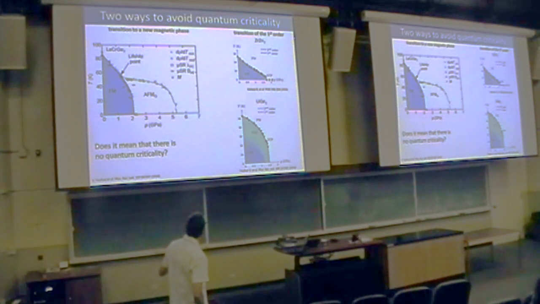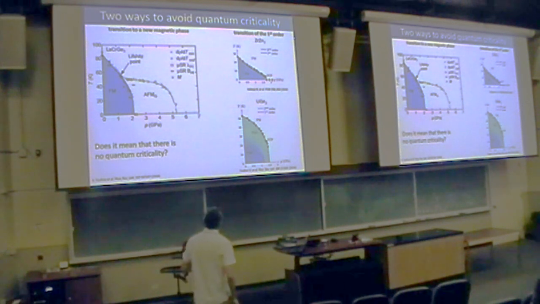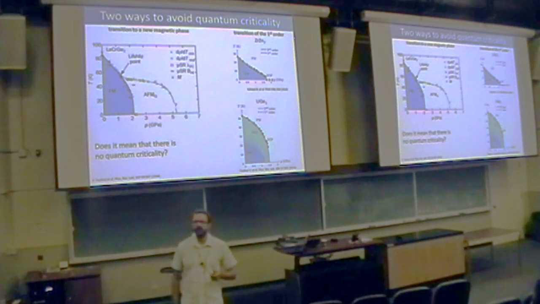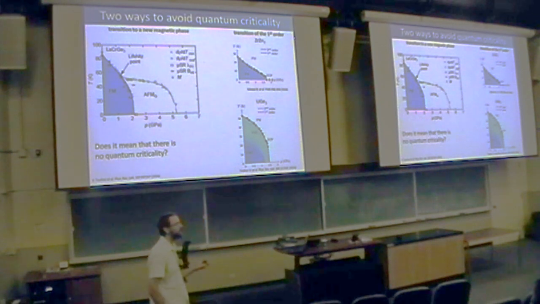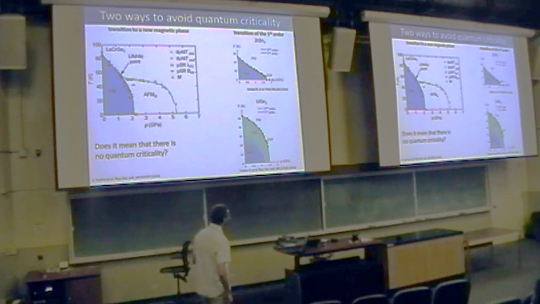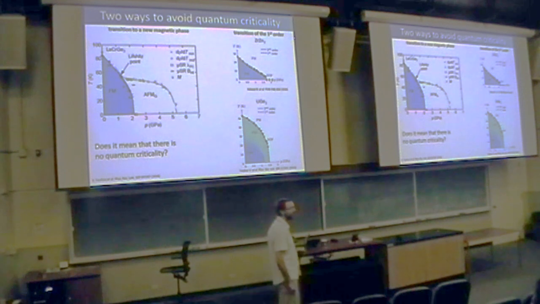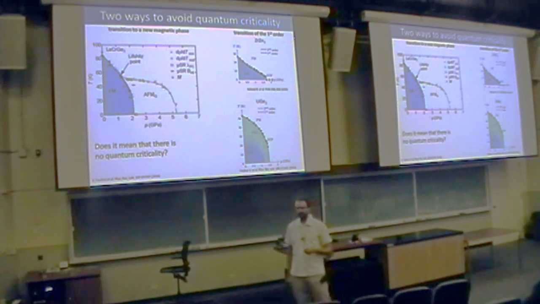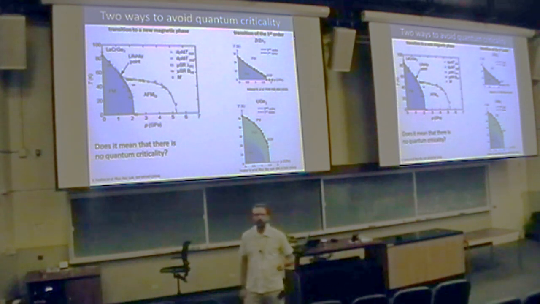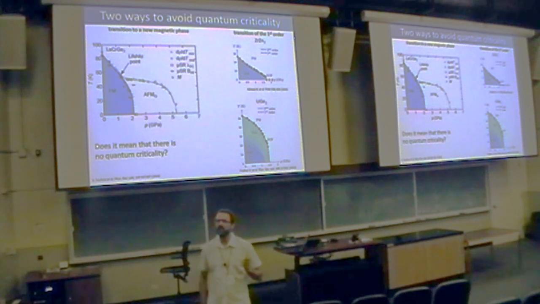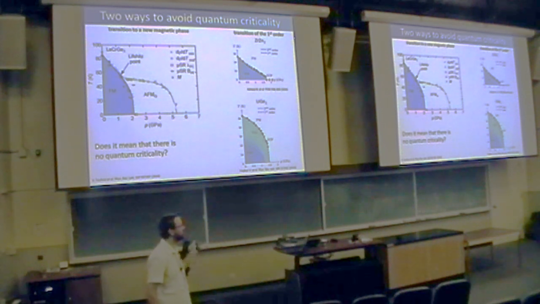And the more conventional way is that the transition becomes first order at the tricritical point. And so with two ways to avoid ferromagnetic quantum criticality, that raises the question: is there no way we can find ferromagnetic quantum criticality in systems? I will show you that in fact, ferromagnetic quantum criticality is still there, but just not on this slide.